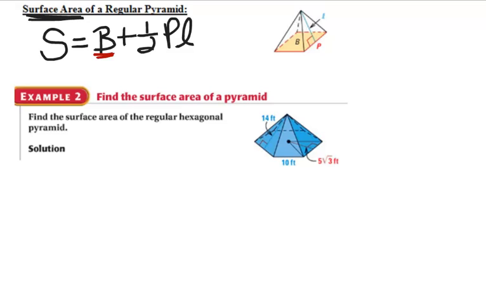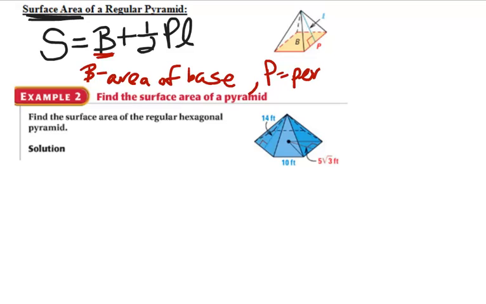And so I'm going to add one base, so your capital B is the area of the base. Your capital P is perimeter. And slant height, that's your L. That lowercase l is slant height.